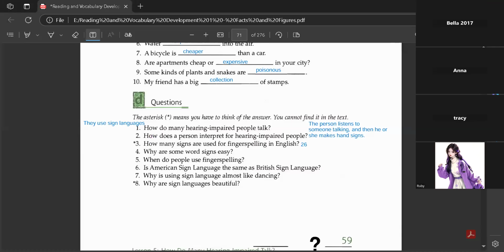Because it's easy. Because what? What's easy? Why is the sign of the word easy, not because it's easy. Because it has been settled.